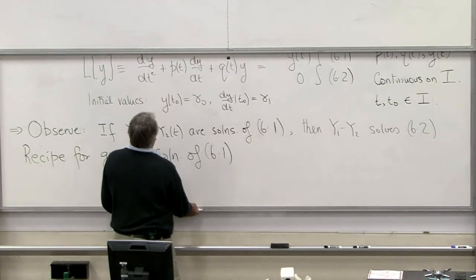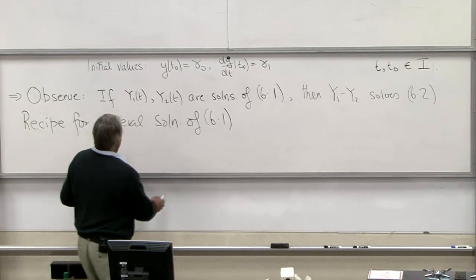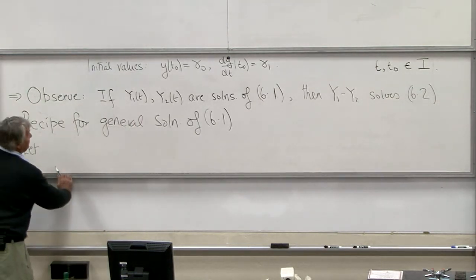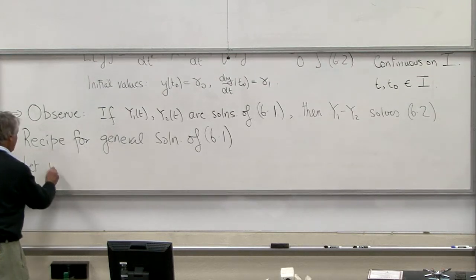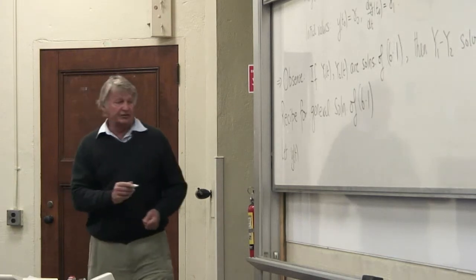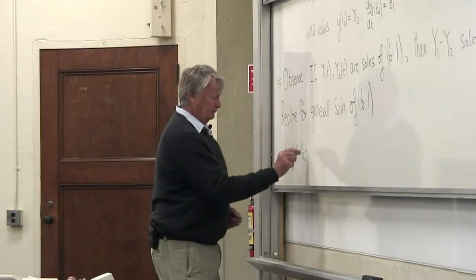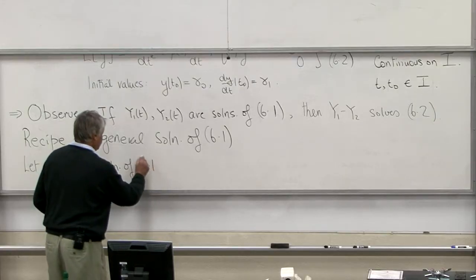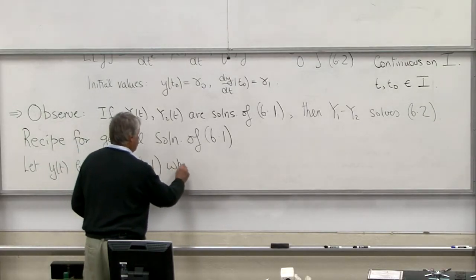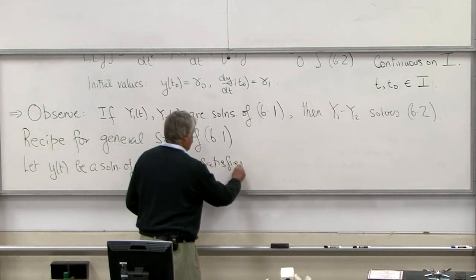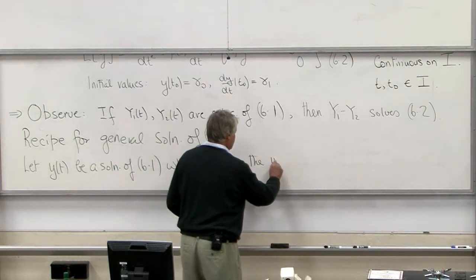Okay, now let y of t be the solution of 6,1 which satisfies the initial conditions.